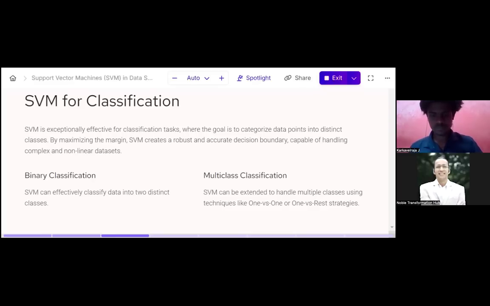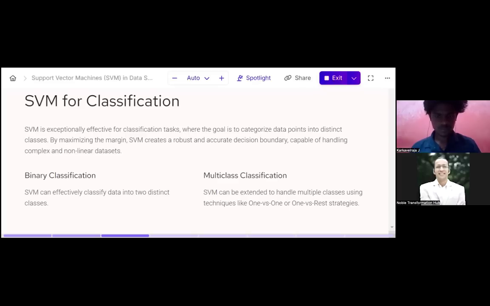So when we talk about SVM for classification, binary classification means SVM can effectively classify data into two distinct classes. When it does more than two, that will be multi-class classification.